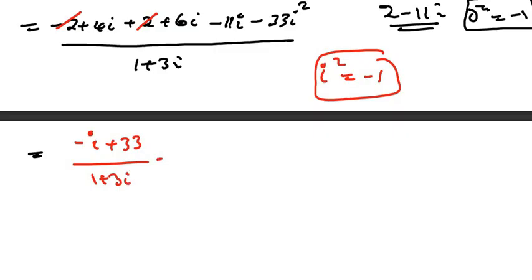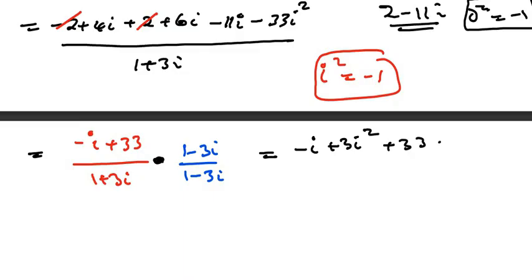We multiply by the conjugate of the denominator. So if we multiply with the conjugate of the denominator, we're multiplying the guys on top. That's negative i times 1. That's negative i. That's going to give us a positive 3i squared. Then we are having 33 times this. That's going to give us a 33. Then minus a 99i.